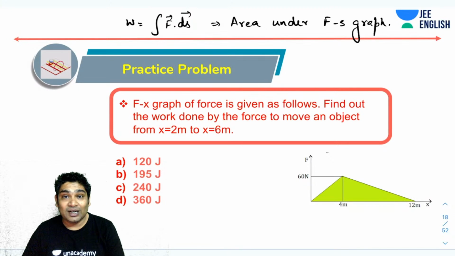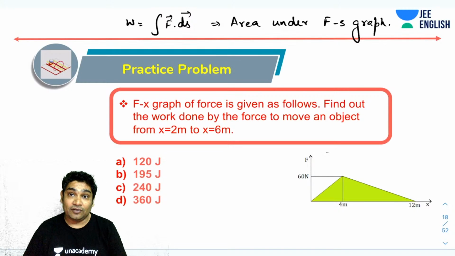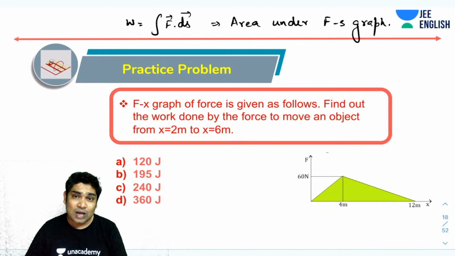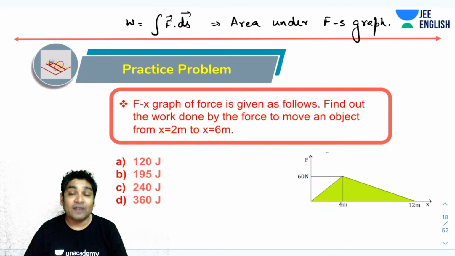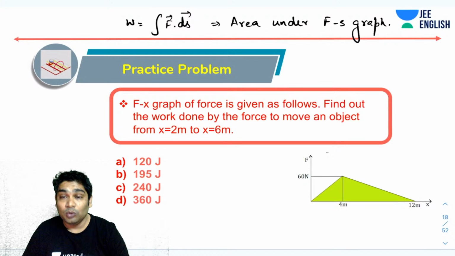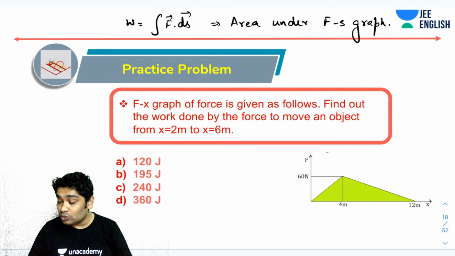You have been told that the F-x graph for a given displacement of the particle looks like the following. So you have a 1D force and a 1D displacement. The F versus x graph looks as follows. You have to find out the work done by the force to move an object from x equals 2 to x equals 6.